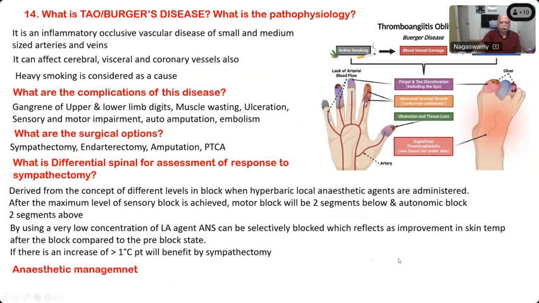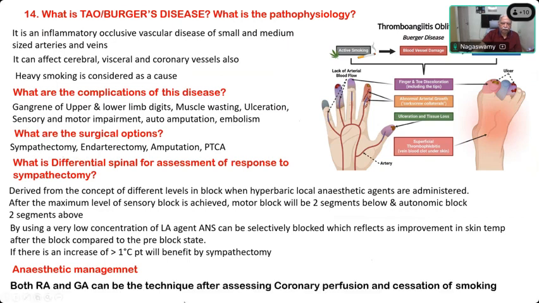What is the anesthetic management you can think of? The choices of anesthesia, because they are all in the peripheral portions. You are just planning for a sympathectomy or an endarterectomy only. Commonly, only two things, regional or GA.